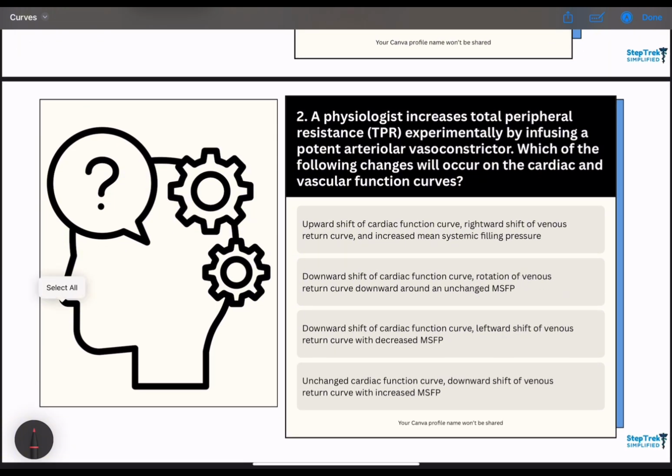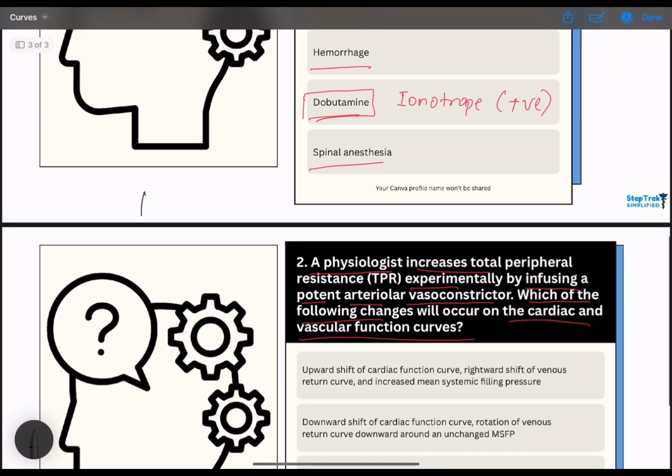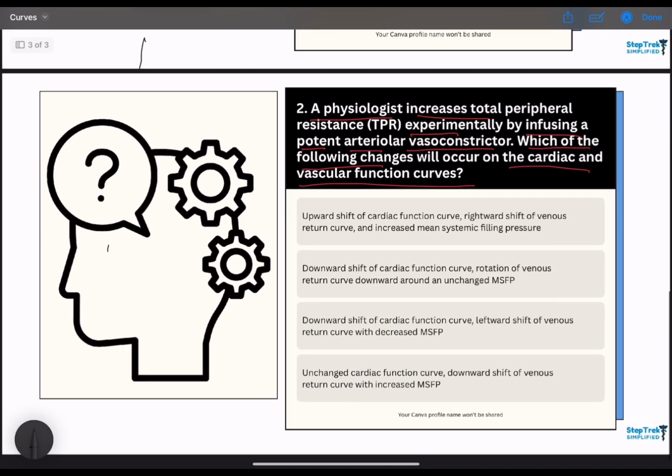Then we have another question. A physiologist increases total peripheral resistance experimentally by infusing a potent arteriolar vasoconstrictor. Which of the following changes will occur on the cardiac and vascular function curves? If we draw the cardiac and vascular function curves, this is the normal cardiac and vascular function curve.